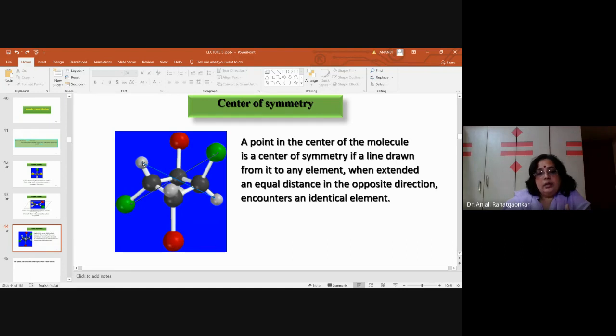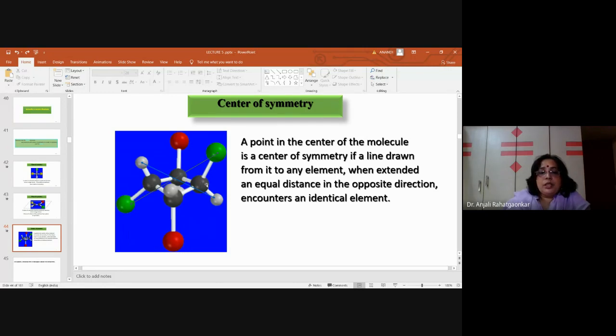All right. So again, considering these two red substituents, if I draw a line from this red to the center and I extend to the back side, again I am getting the same appearance of the molecule. So the center of symmetry is present. So that's why the molecule is achiral. समझ में आया?